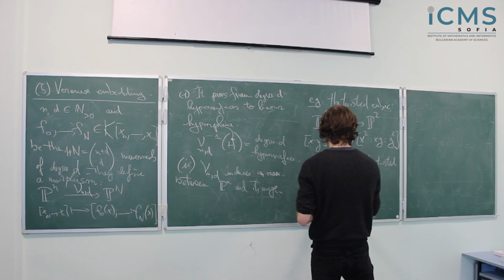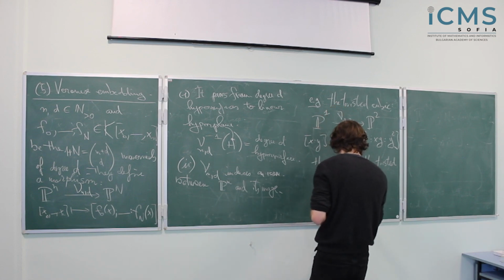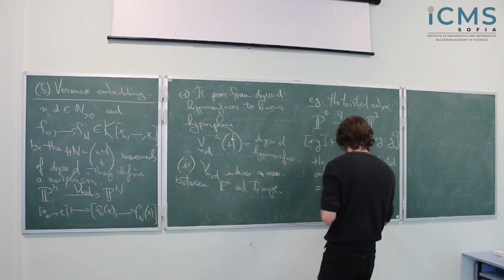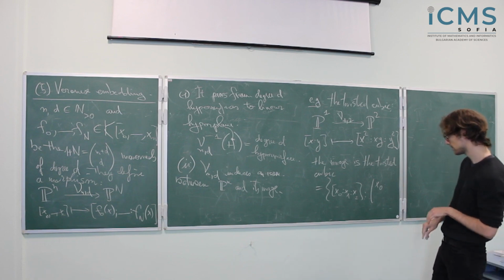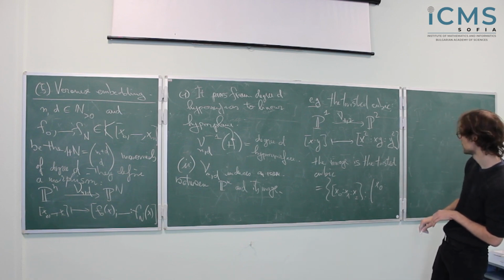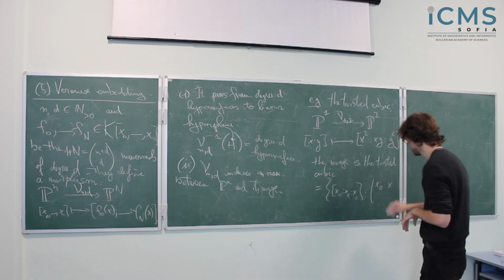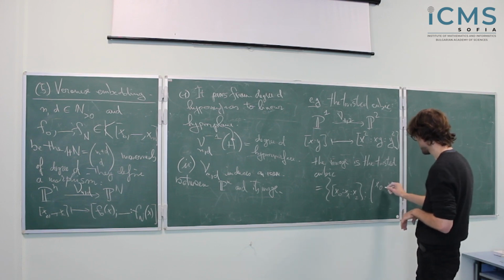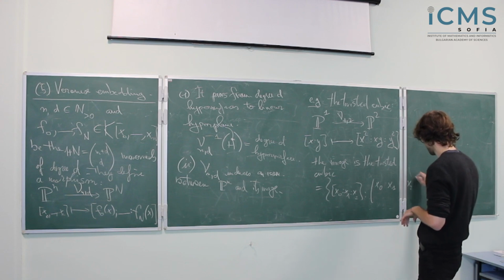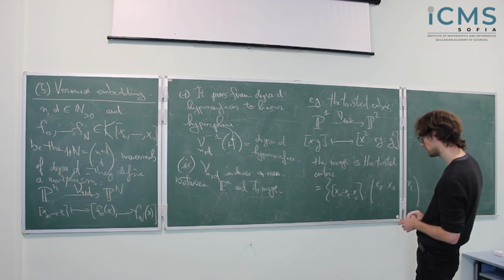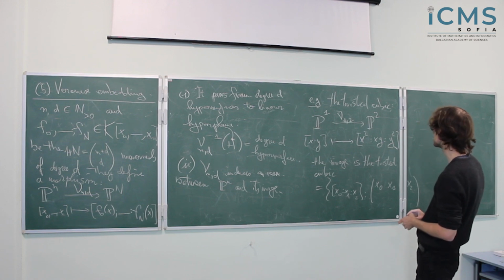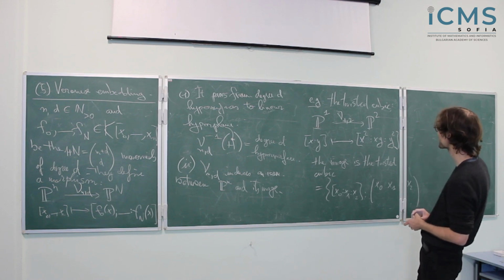And you can also prove that it is a set of points with homogeneous coordinates, so that it's, let's see, x1, x2, I don't remember, maybe x1 squared minus x0, x2.